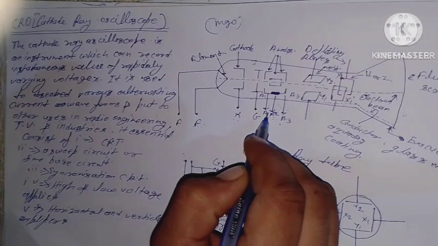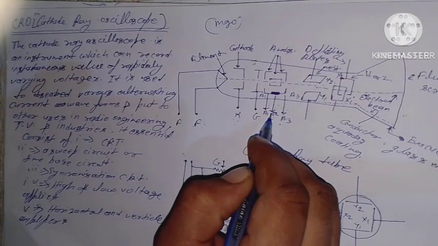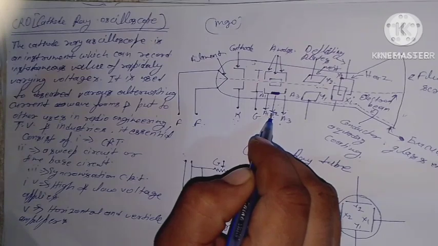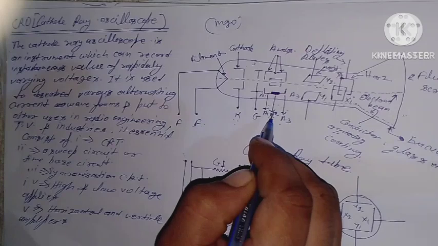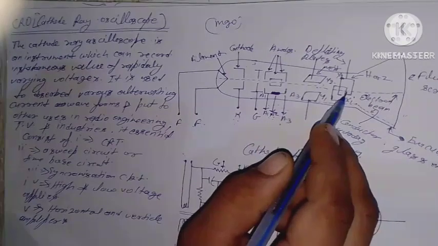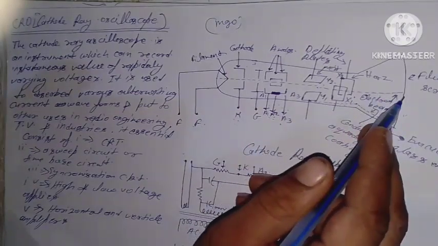These electrodes act like an electron lens system and bring about a sharp focusing of the electron beam on the fluorescent screen.